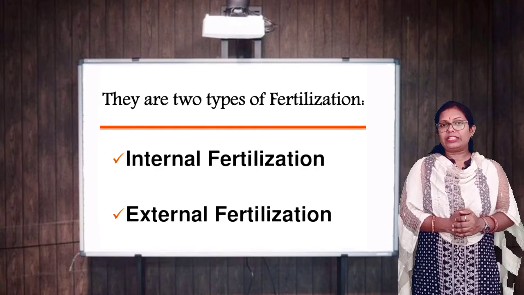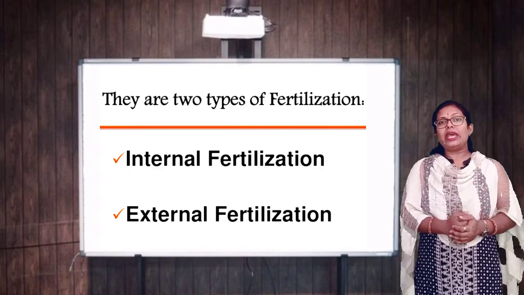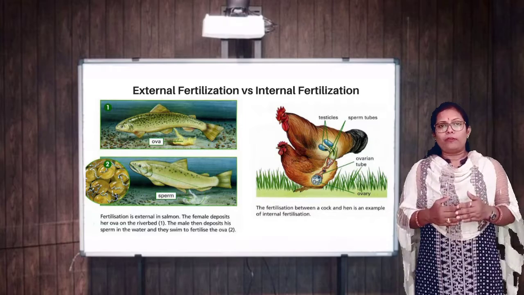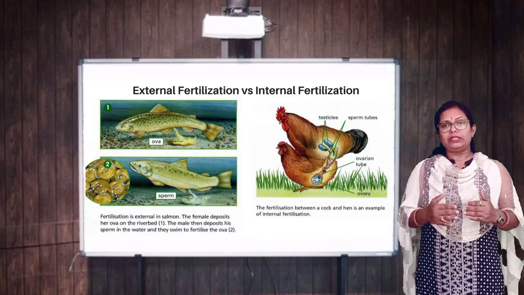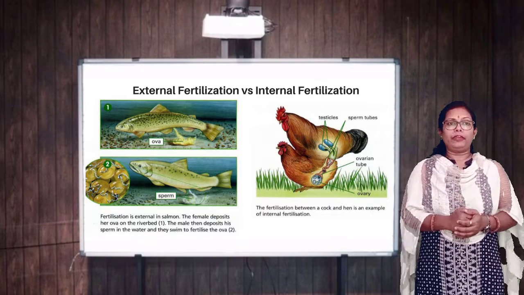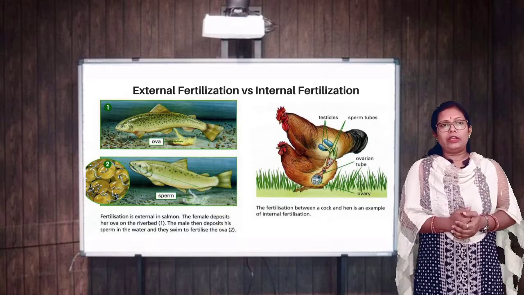Now, fertilization can be of how many types? Two types: external fertilization and internal fertilization. When the fusion of male and female gametes occurs outside the body of the female, it is known as external fertilization.